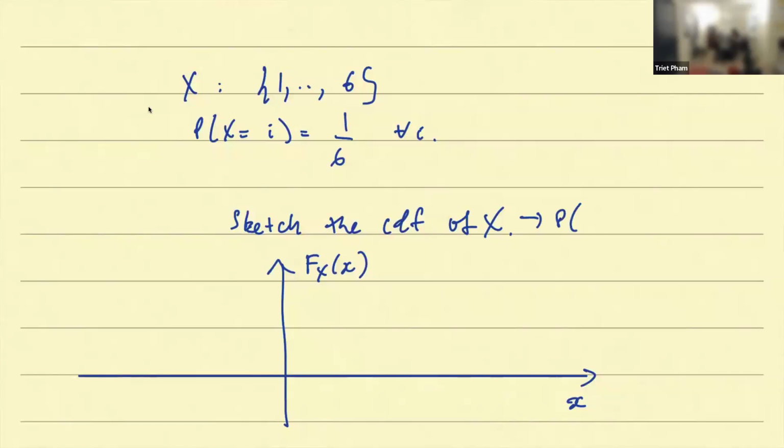Meaning, you want to plot the probability X less than or equal to x for all meaningful values of x. So how would that look?